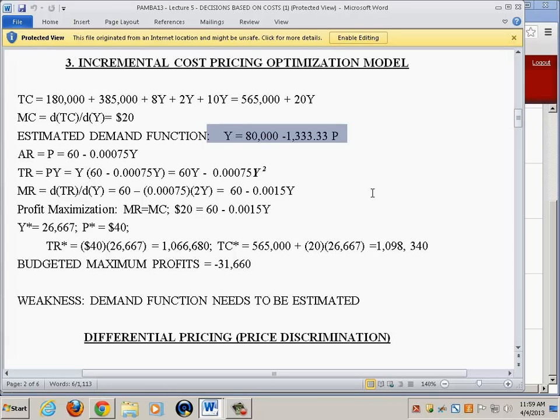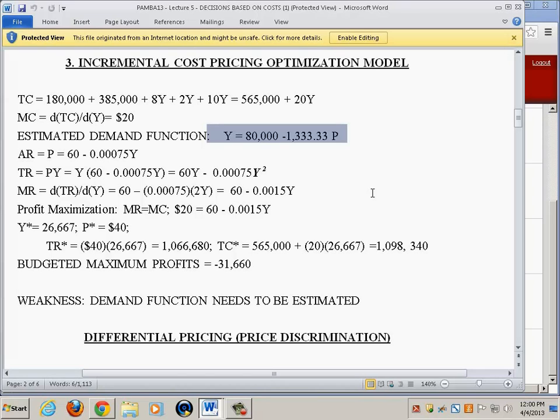And getting it is putting a lot of work into it, because you have to specify it, you have to collect the data, you have to estimate it, you have to analyze it. And on top of it, after you do all this work, you may not get accurate estimates, and therefore your optimization solution, if you don't get accurate estimates of the demand, could be grossly inaccurate.